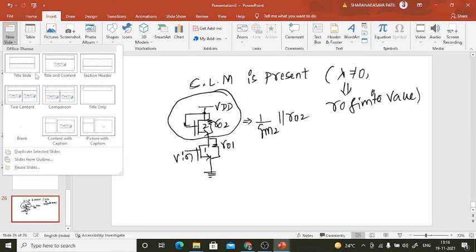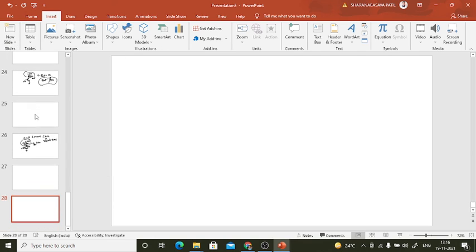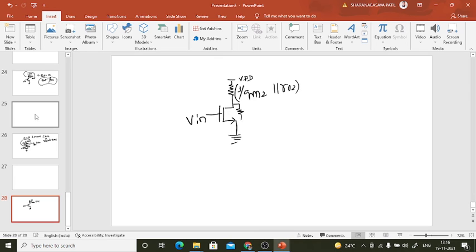So how does the circuit look? The circuit will be like this. 1 divided by Gm2 is in parallel with R0 2, and this is our amplifier here Vin, and this is R0 1, and we are taking output across this.